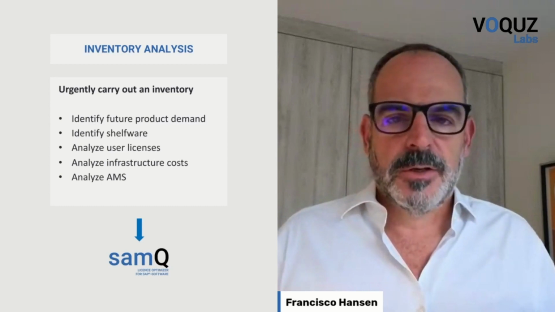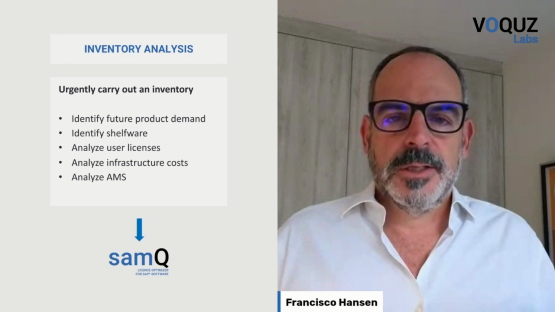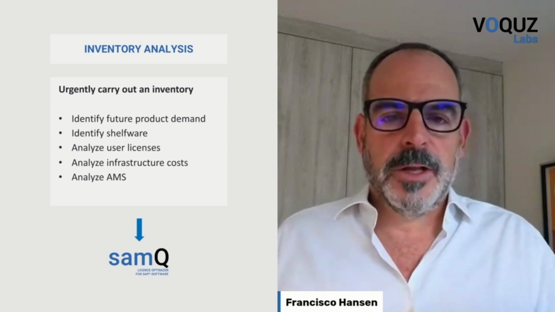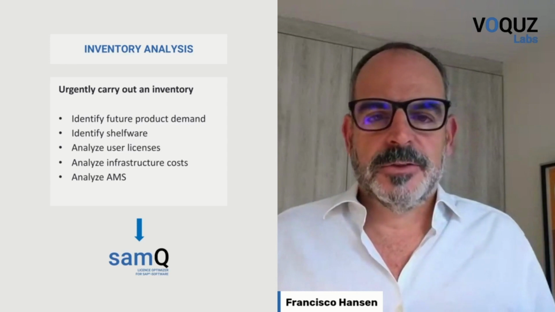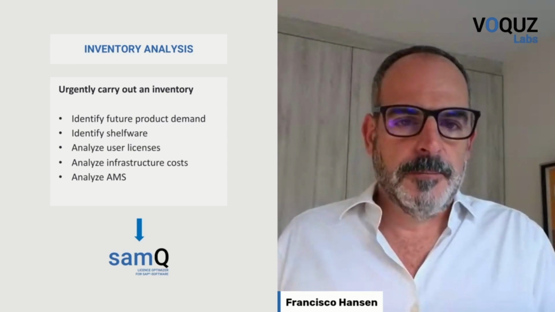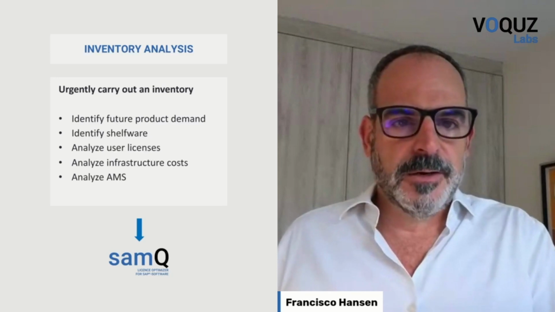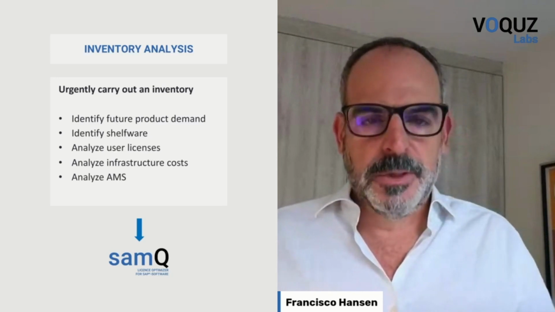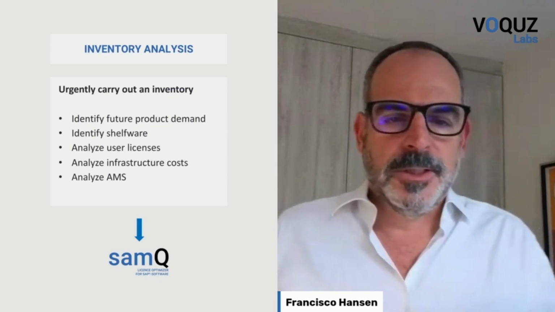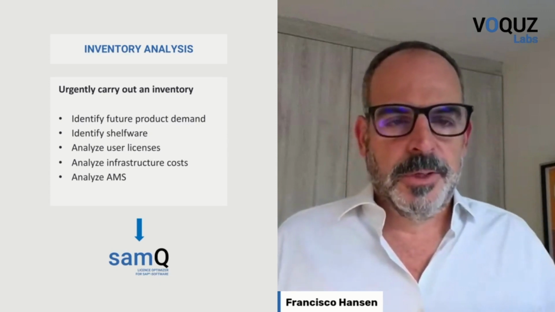Analyze your infrastructure costs. So if you're considering migrating to RISE with SAP, but also if you stick with S/4HANA perpetual plus an application managed service provider, you need to understand what will change. If I have internal staff taking care of that, can I reduce the costs by going to an external AMS provider? Can I optimize the costs when I go to RISE with SAP?